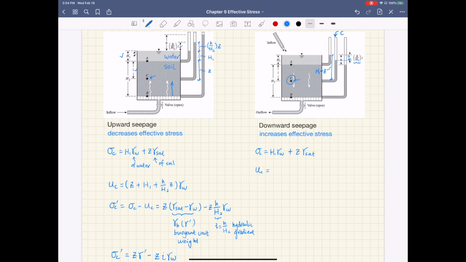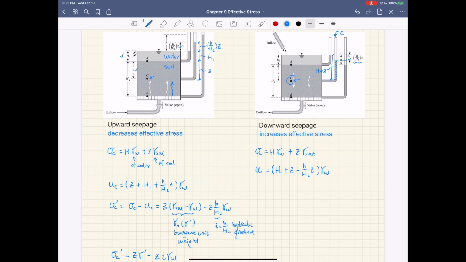This portion is h over h2 times z. So the water level inside the standpipe at C is h1 plus z minus h over h2 times z. And then you multiply that by the unit weight of water to get the pore pressure at C.